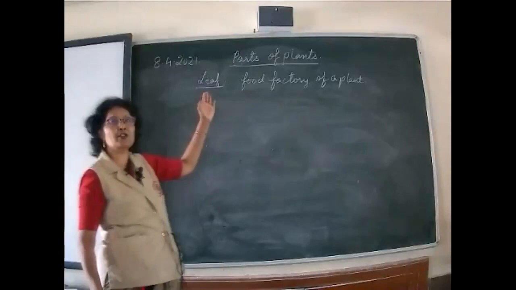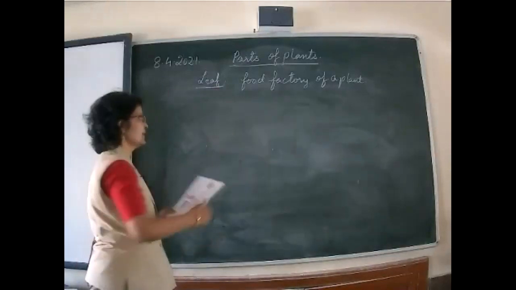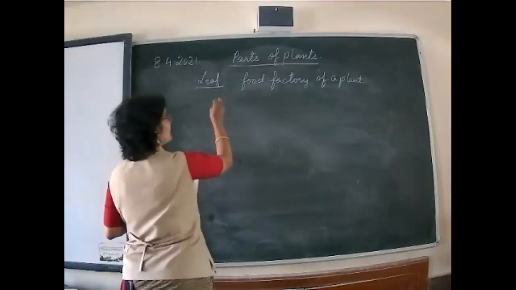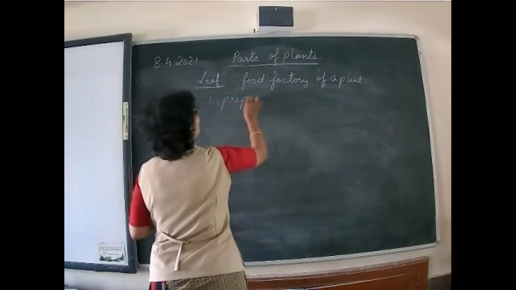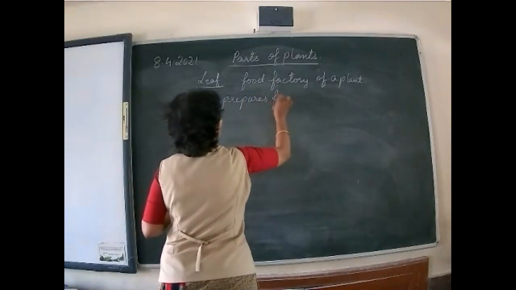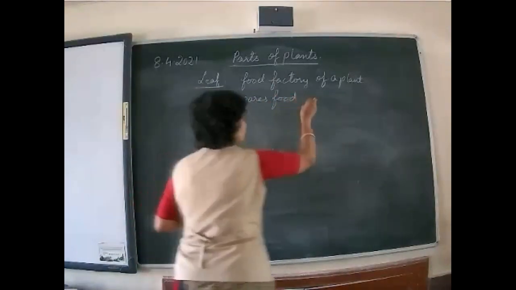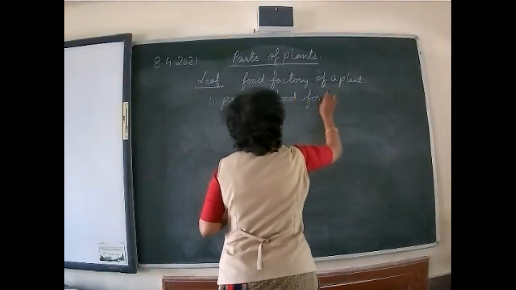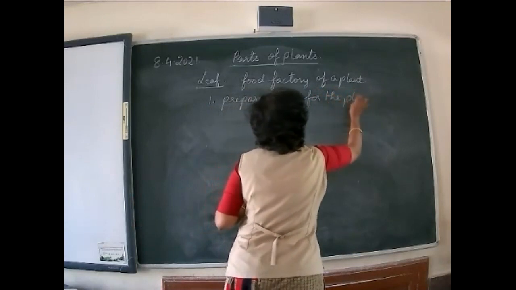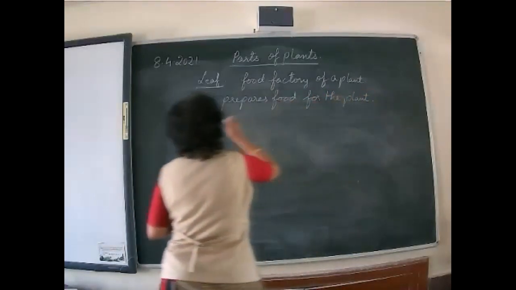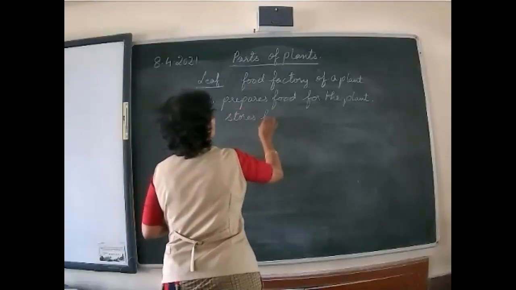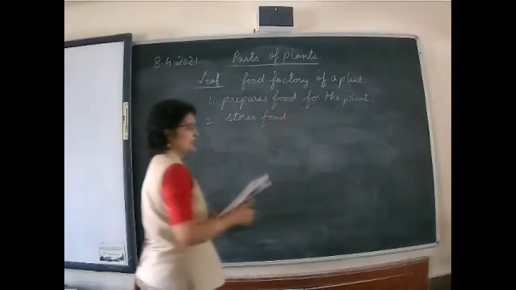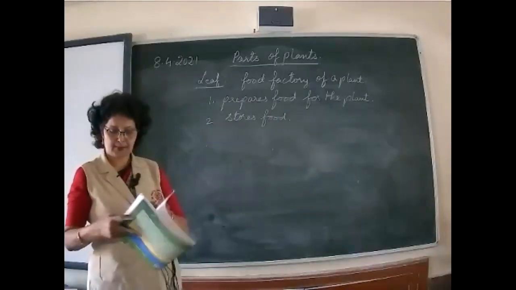So the important function of leaf is to prepare food, and it stores food too. It prepares food for the plant, and it stores food. These are the two functions.